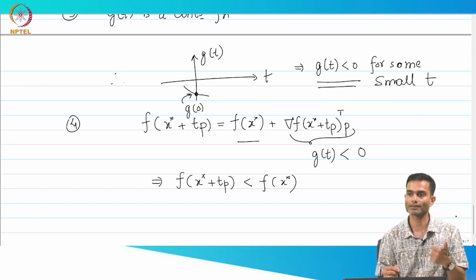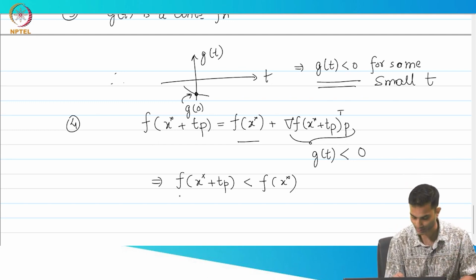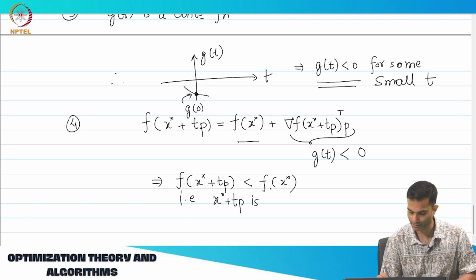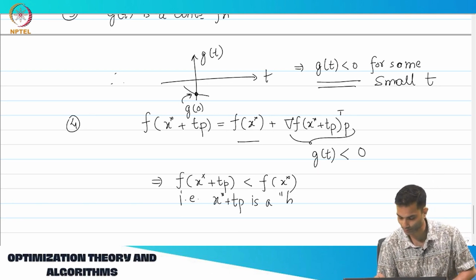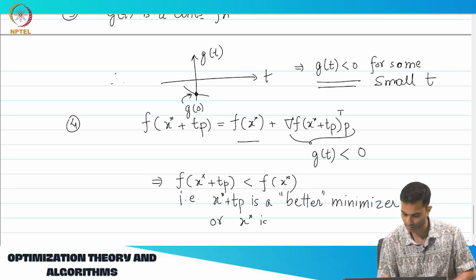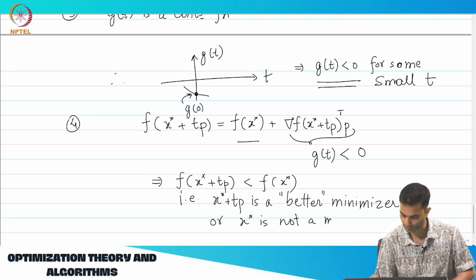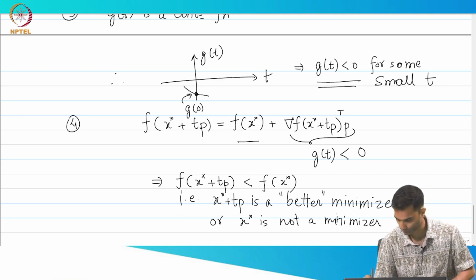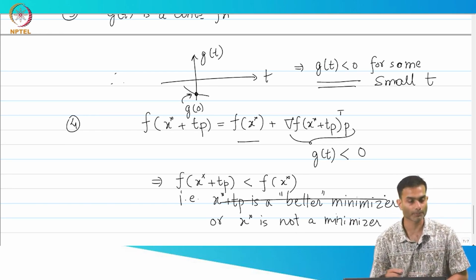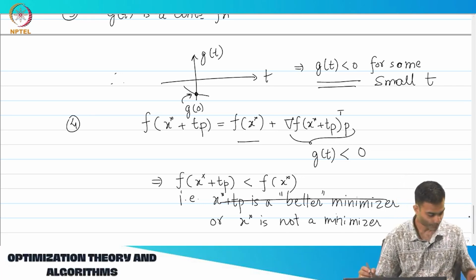That means x star was not a minimizer, right? Or you can say that x star is not a minimizer. Let's scratch that line, that's not very rigorous. It just implies that x star is not a minimizer, right? So that's the contradiction.